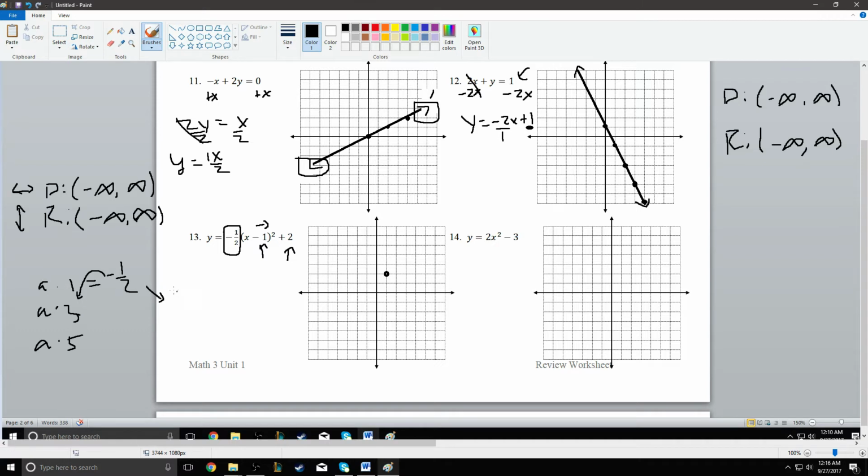Negative 1/2 times 1 is negative 1/2. Negative 1/2 times 3 is negative 3/2. And negative 1/2 times 5 is negative 5/2. So from this point, you go right 1, down half of a square.